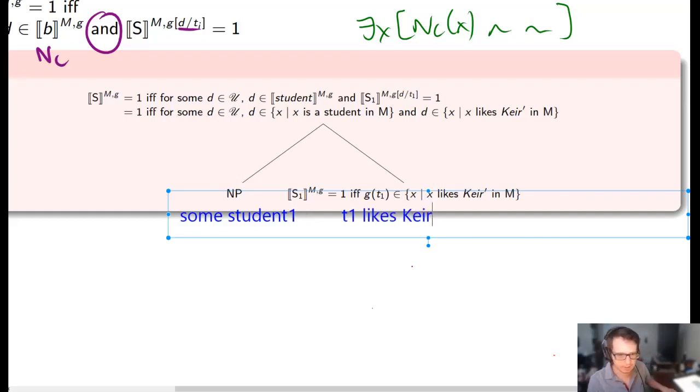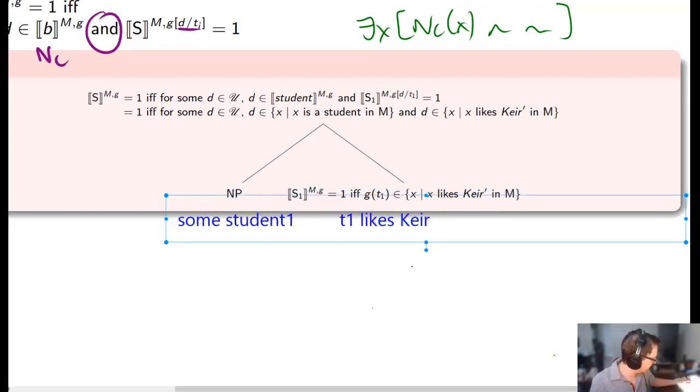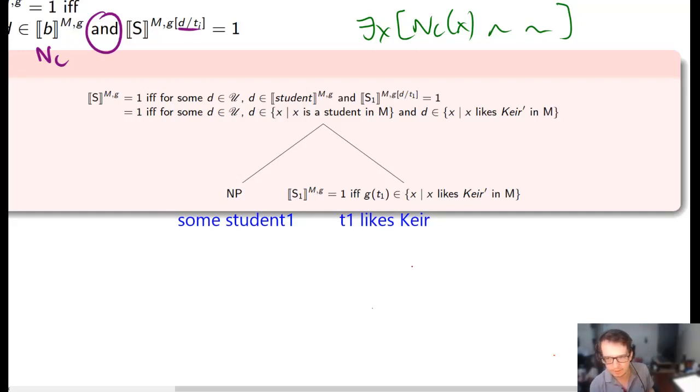This was the sentence that we were looking at. And the idea was, how do we figure out what its truth condition is? So if we take a look at just the sentence T1 likes Kier, this would be true if the assignment function g of T1 is in the set of x such that x likes Kier in M.